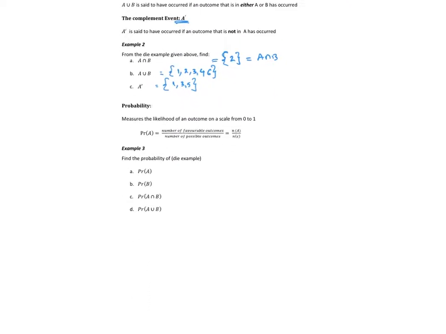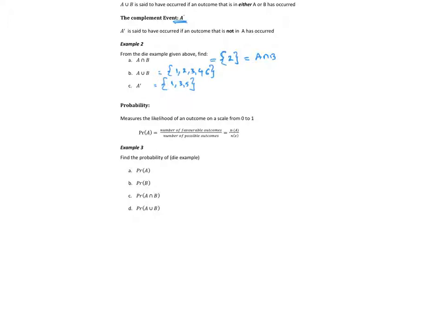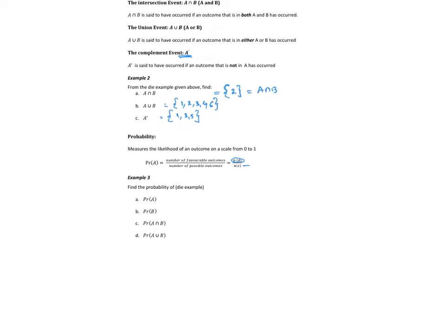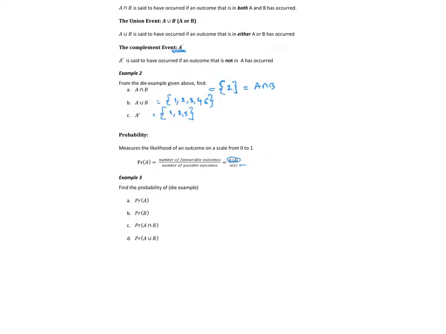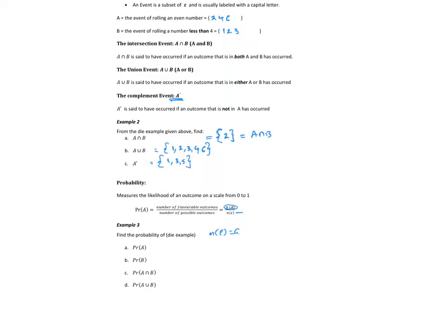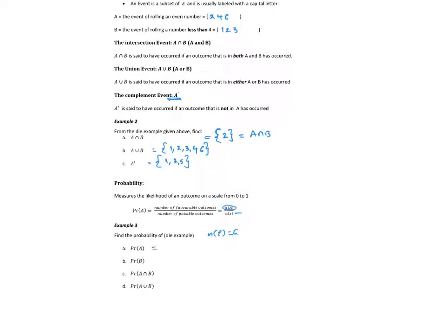A probability then is really just the number of elements in the set that we want over the total possible number, over the number of elements in the universal set. So given that the number of elements in the universal set is equal to 6, the probability of A, well, what is A? A is 2, 4, or 6.